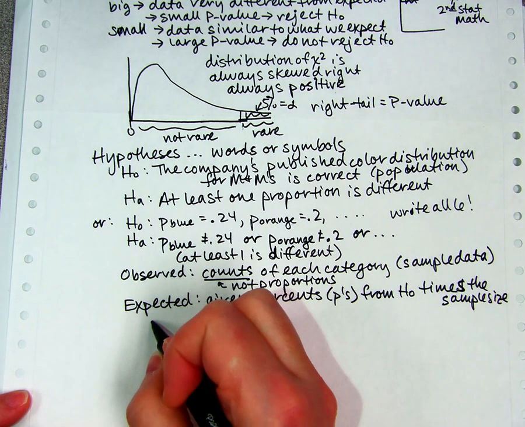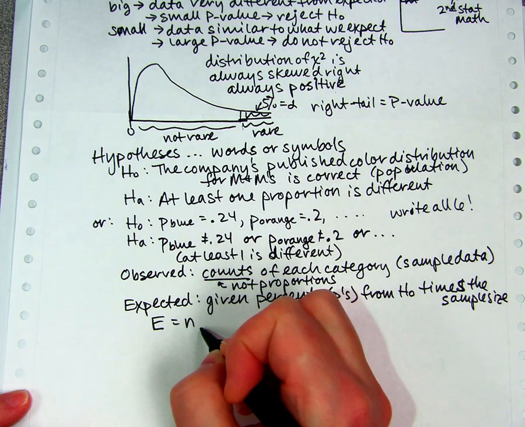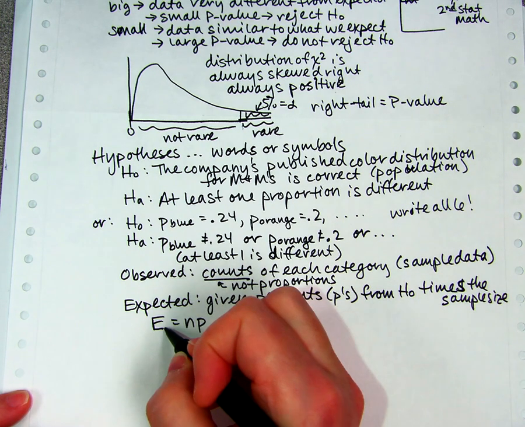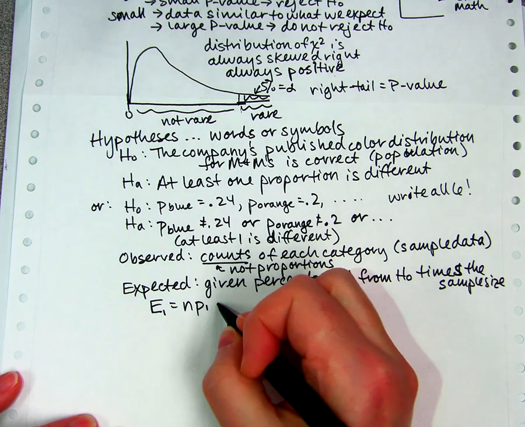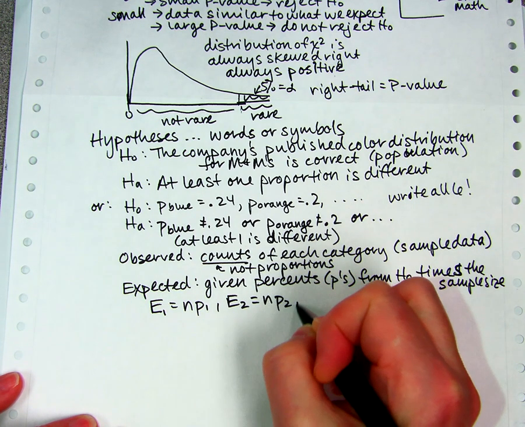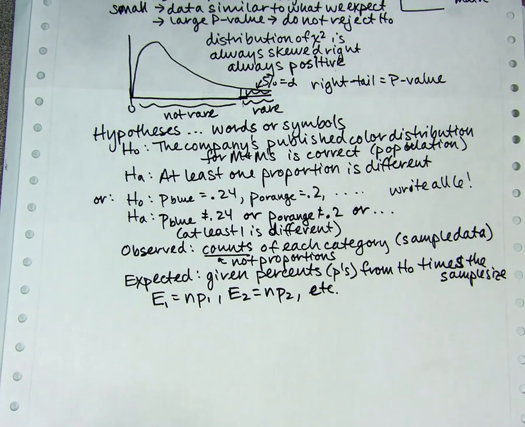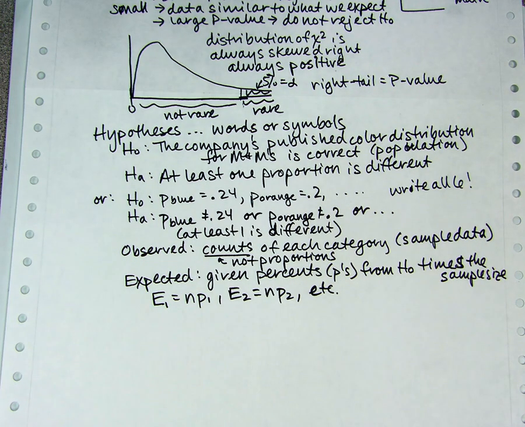So in other words, each E, or each expected value, is the sample size N times P, whichever one we're talking about. So if we're talking about the first category, it's N times P1. And then E2, which is our second expected count, comes from N times P2, and so on. You do that for all of them. So with the M&Ms data, I took my sample size of how many M&Ms it was, and multiplied by the 0.24 and the 0.2 and all the rest of them. That's how I got the expected counts.